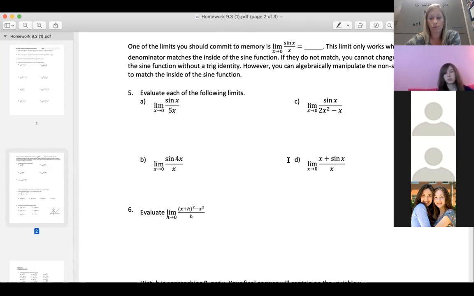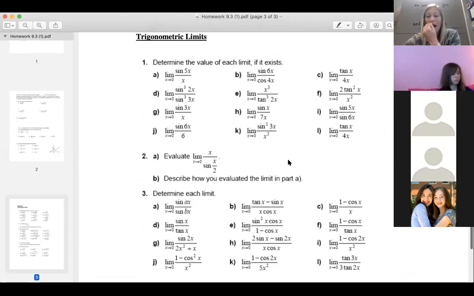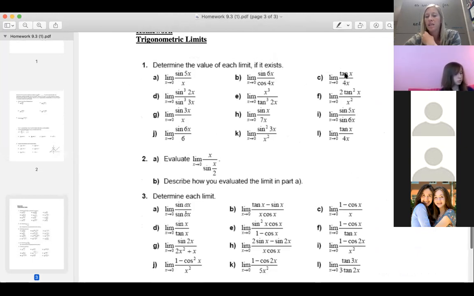I guess the other page because they had harder ones on them. Yeah. Generically speaking, something like 1C, I would consider a pretty decent level question, because it includes a special trig limit and a little bit of manipulation.